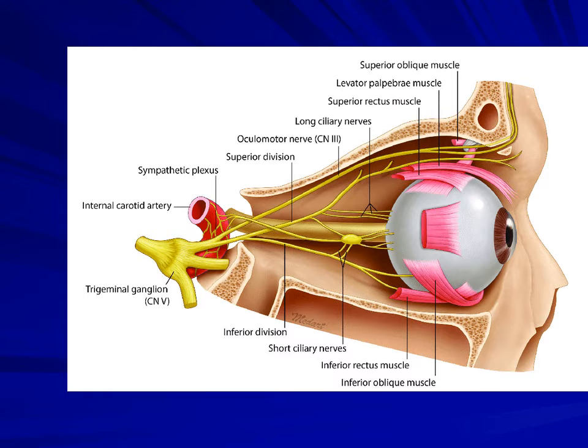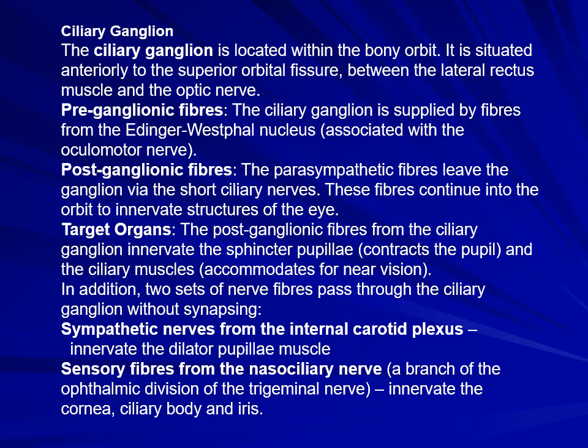and three types of fibers pass through the ciliary ganglion. The postganglionic fibers leave the ganglion through the short ciliary nerves, and these fibers continue into the orbit to innervate the structures of the eye. The postganglionic fibers from the ciliary ganglion innervate the sphincter pupillae muscle, which is responsible for pupillary constriction, and the ciliary muscles, which are responsible for accommodation and near vision.